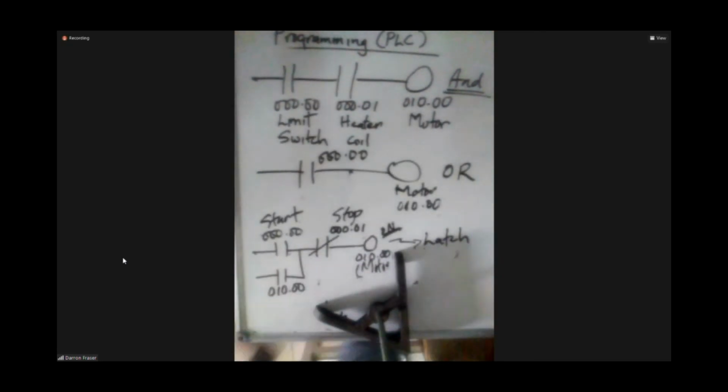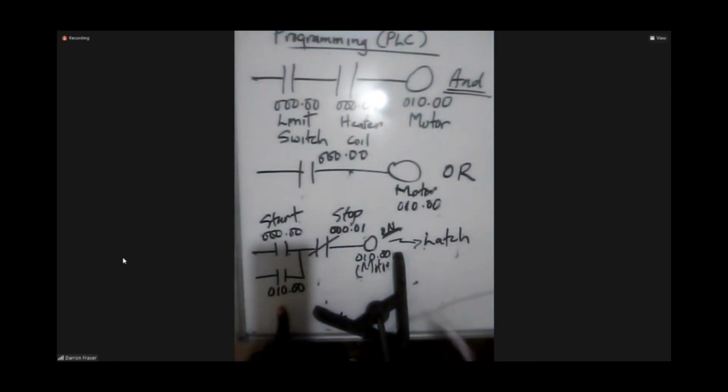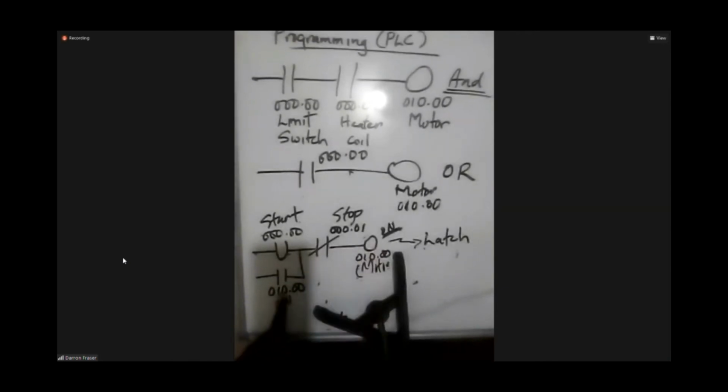When the motor turns on, this switch is going to turn on. Now, this was on, I push this switch, it turns on. This is now going to turn on. If I take my finger off the push button switch, it is a push button switch, not a regular standard switch.